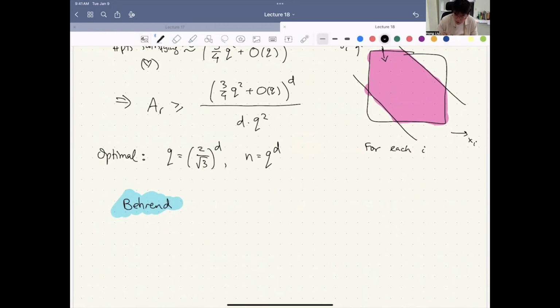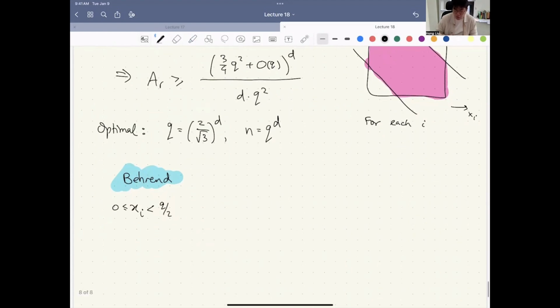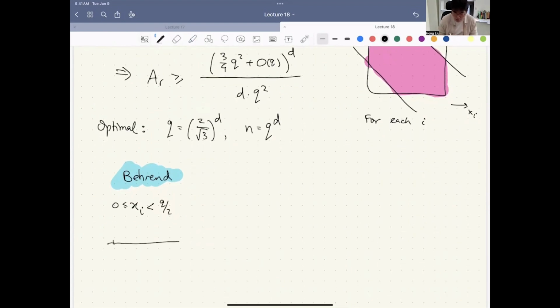Let me just write the relevant part that we require. We only consider points xi where its norm is between 0 and q/2. So it's sort of like here, 0 to q. You only take this part.